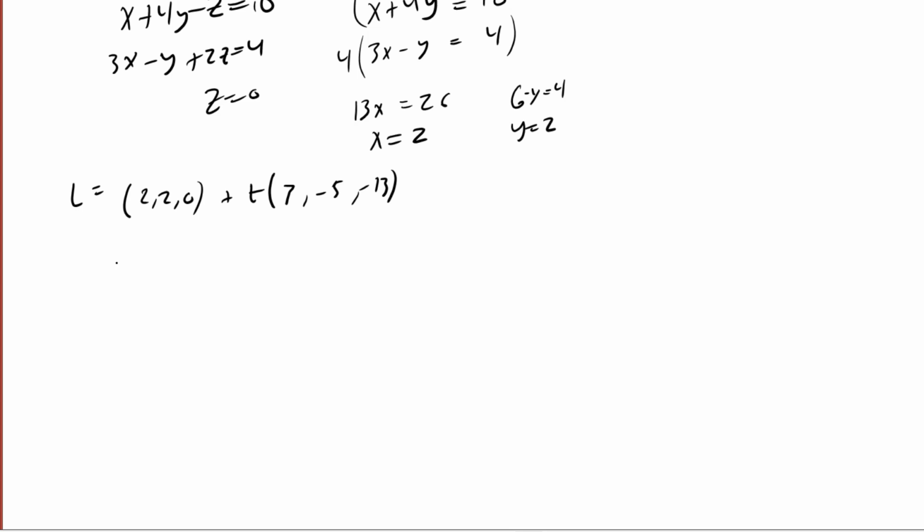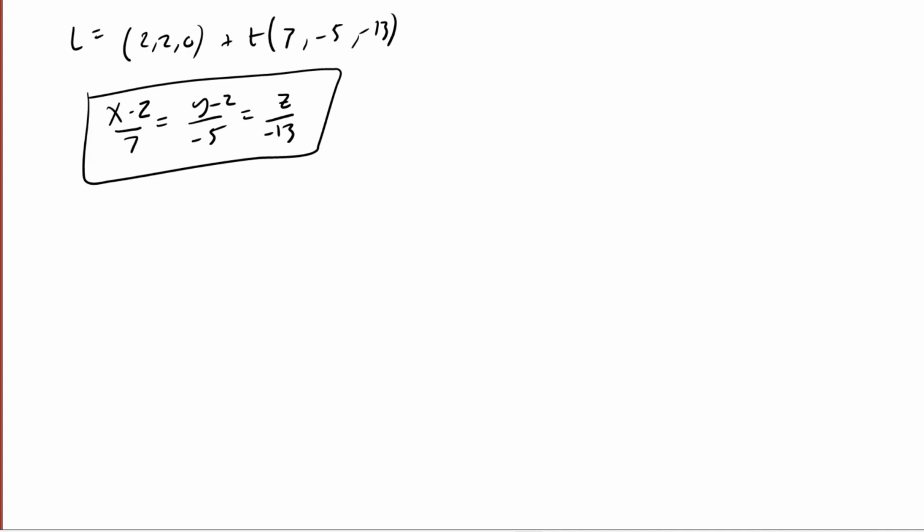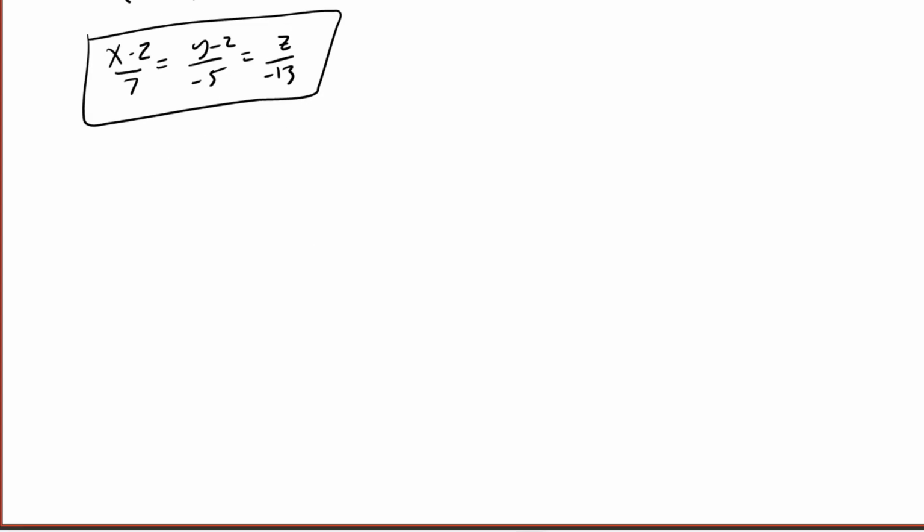So I have (x - 2)/7, (y - 2)/(-5), z/(-13). Symmetric form of the equation of the intersection of those two.